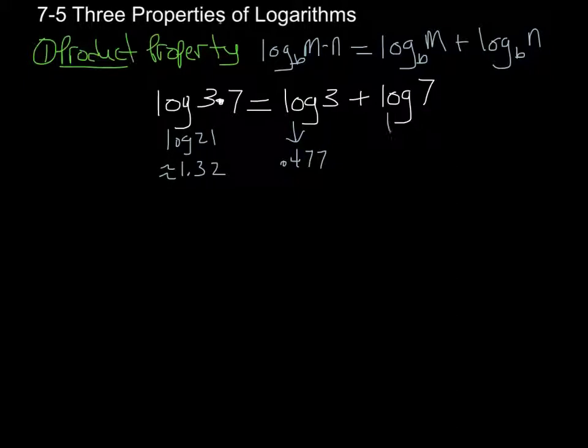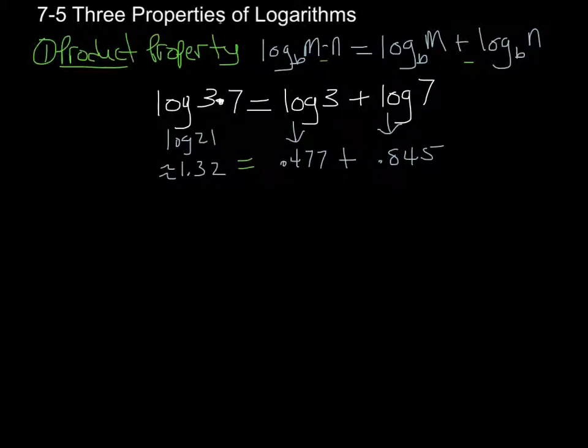And if I do the log of 7, I end up with 0.845. And if I add those together, I do in fact get 1.32. So it all works out. And this property is really based on some of your rules for exponents. I won't get into actually proving it, but we can at least see it with this verification. So multiplies can be expanded to adds.